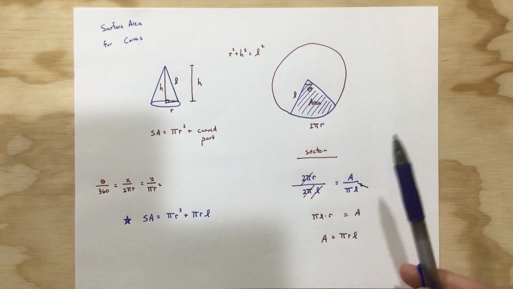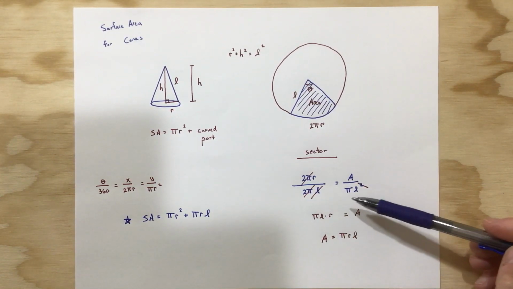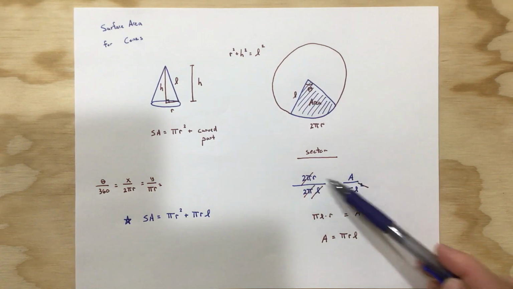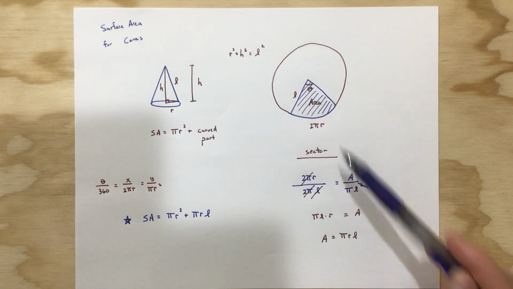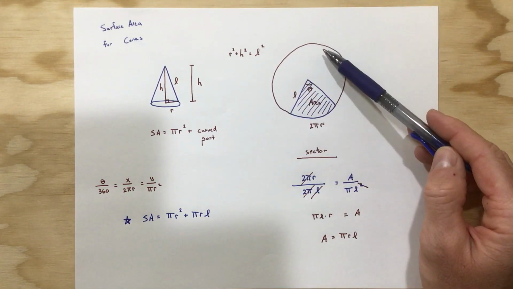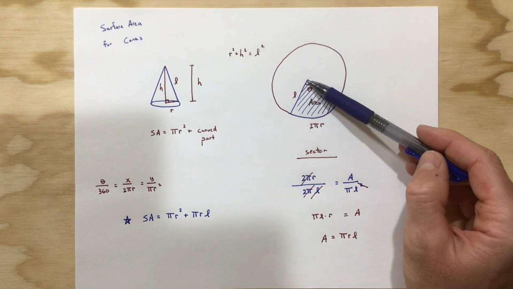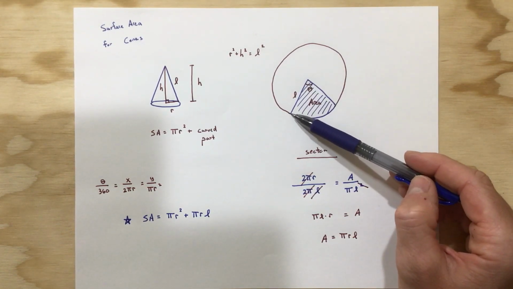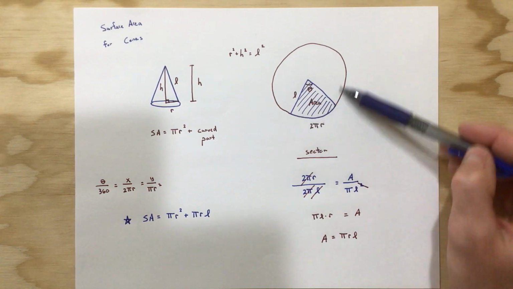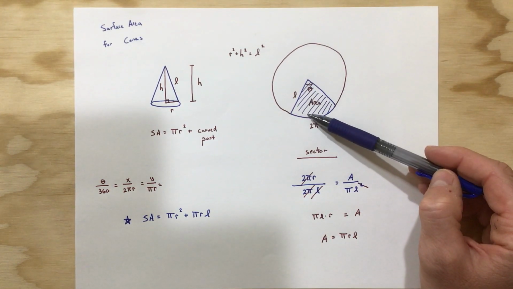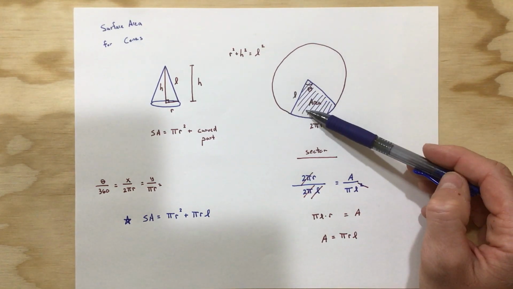Again, I went old school and went back to sector area and arc length and set up a proportion, and I know this proportion is true for this new circle. This new circle had a radius of L and an arc length of 2 pi r, a total circumference of 2 pi L, and a total area of pi L squared.